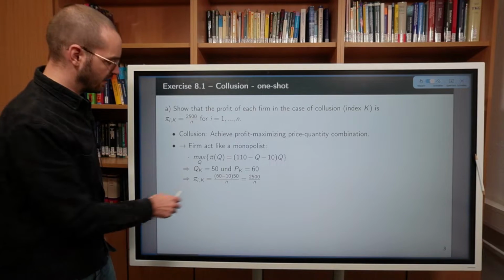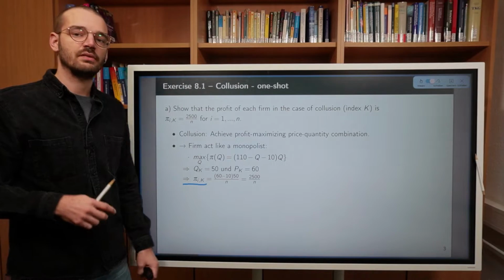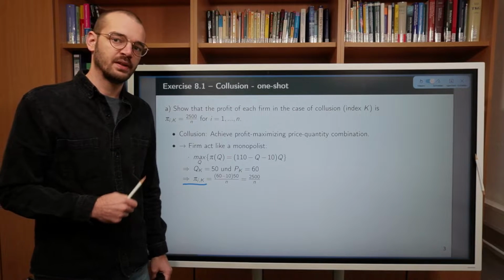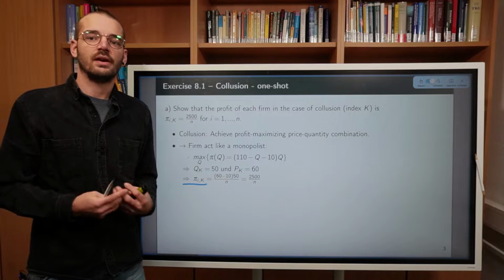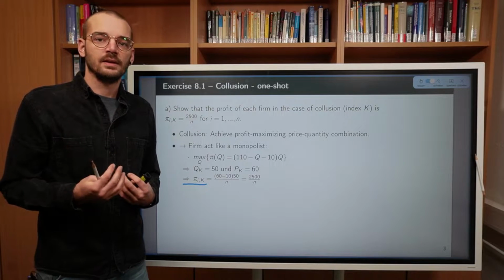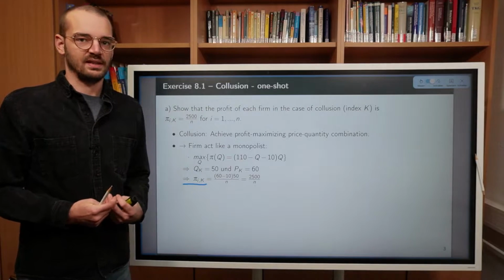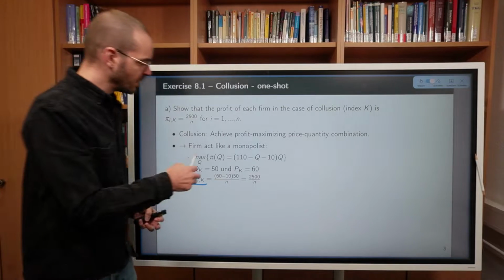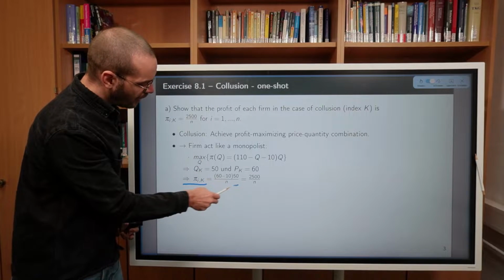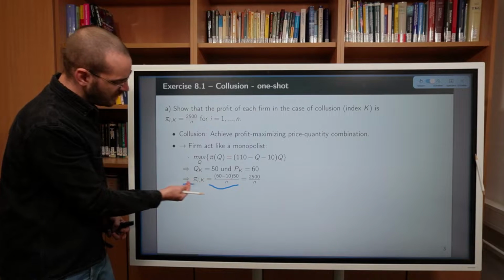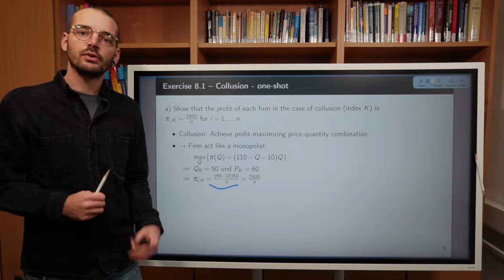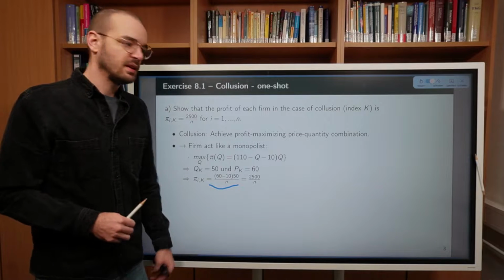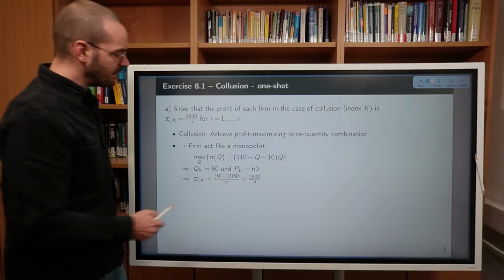However, we were asked to provide the profits of the individual firm i. And each firm i has exactly a share of 1 over n in these overall profits in the market. So from these profits of the monopolist, we get to the individual firm's profits by simply dividing these overall profits by n.